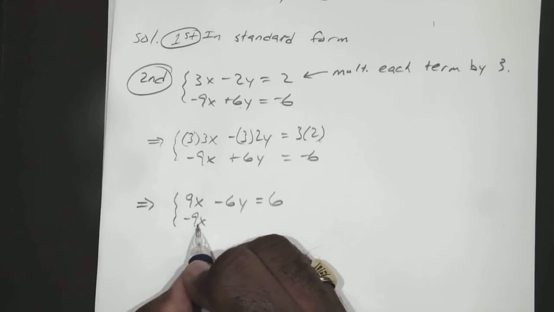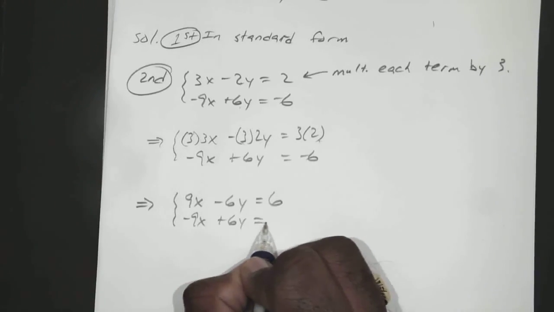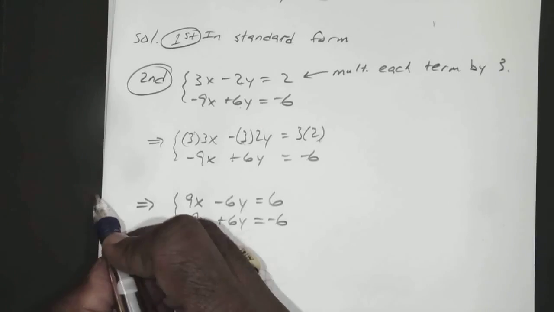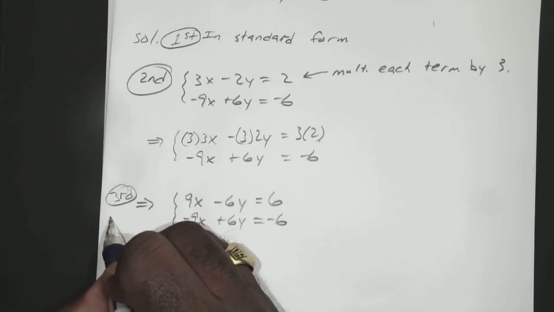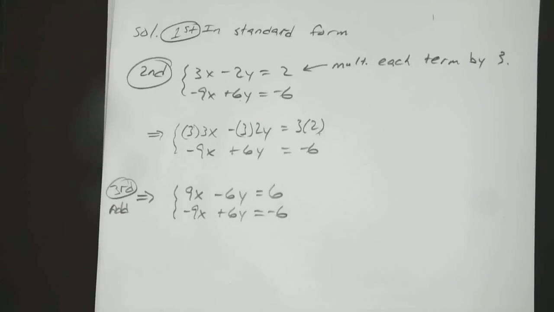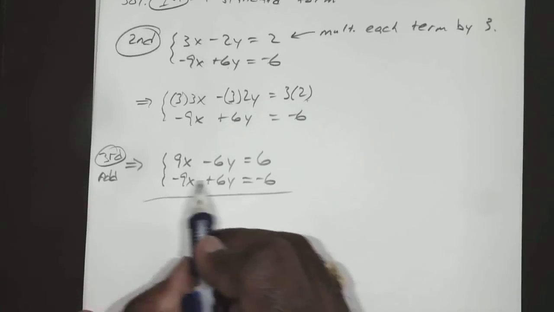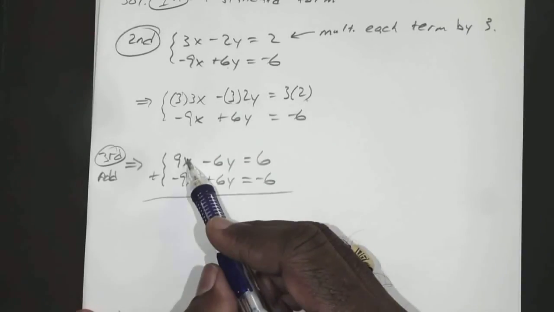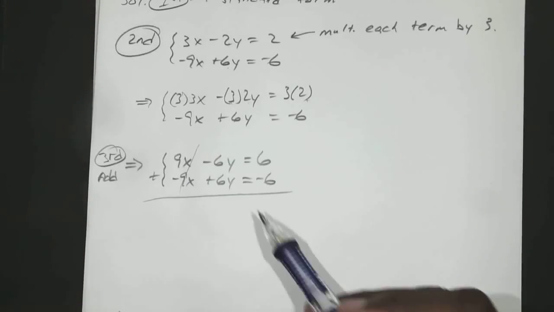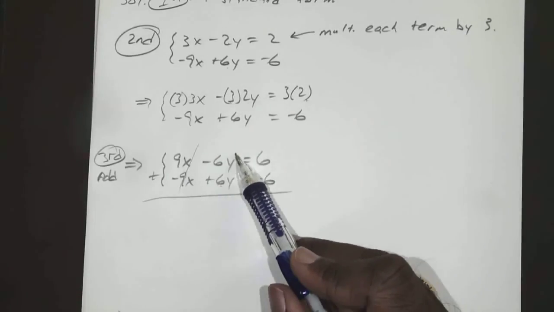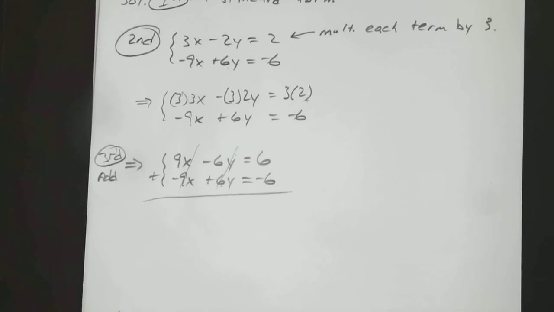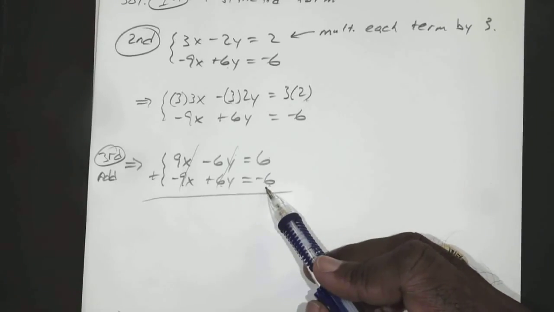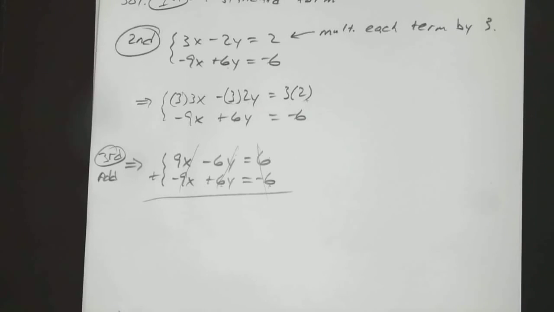You have negative 9x plus 6y equals negative 6, where we can go ahead and add them together. 9x and negative 9x disappears. Negative 6y and 6y, you add those together, you get 0. 6 plus negative 6, you get 0.